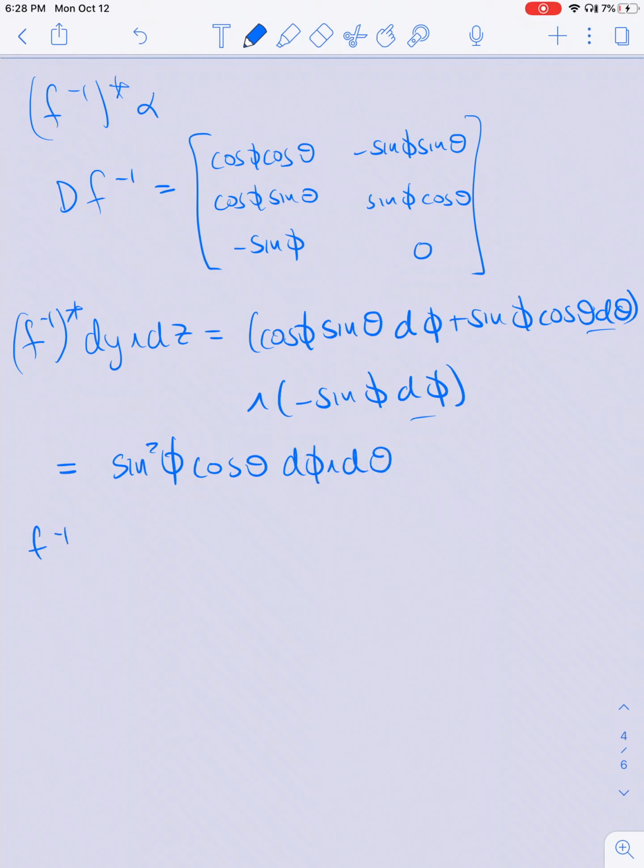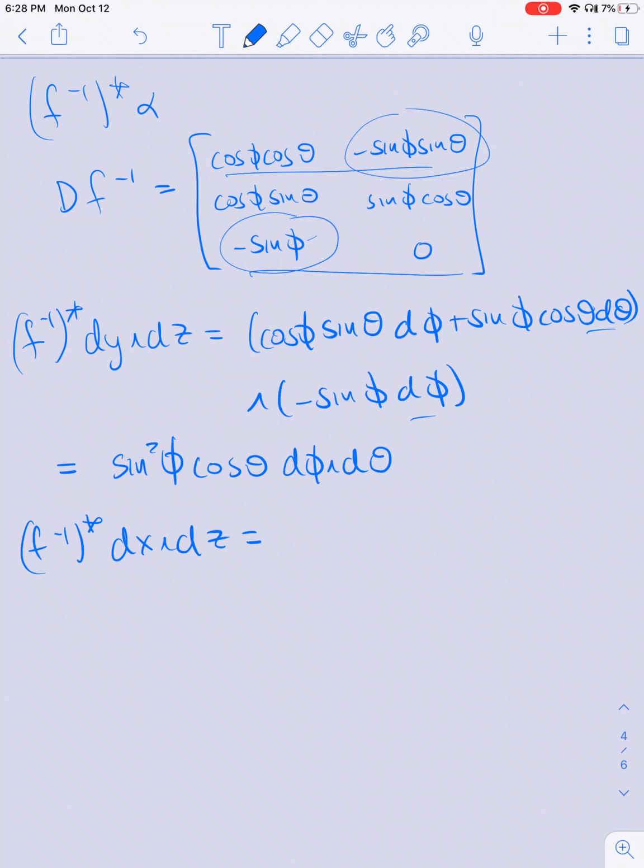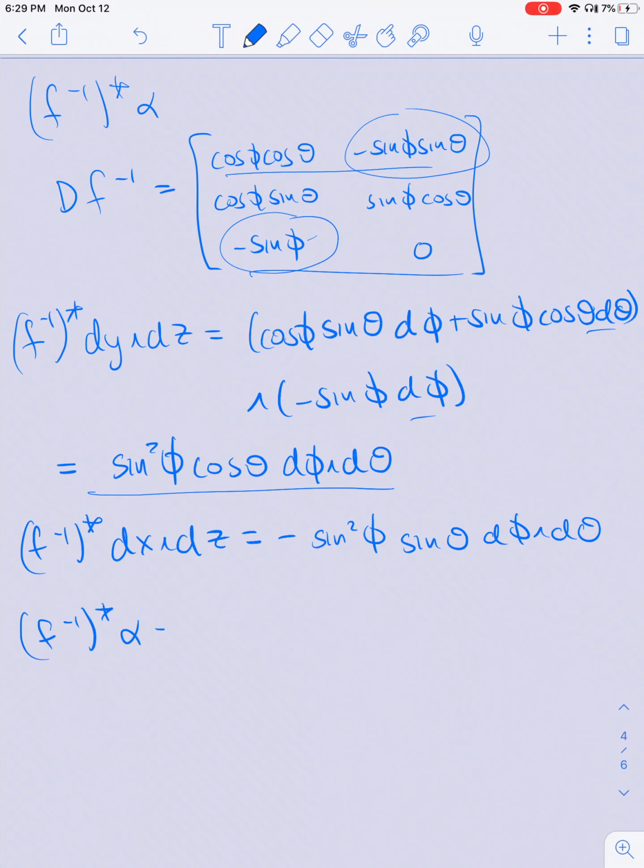And similarly, f inverse pullback of dx wedge dz is the wedge product determined by these 2 rows. So the only terms that will show up will be the negative of the product of those 2 terms. So this will be minus sine squared phi sine theta d phi wedge d theta. And now I want to take the pullback of all of alpha. So I need to multiply this by 1 over x and multiply this by 1 over y.